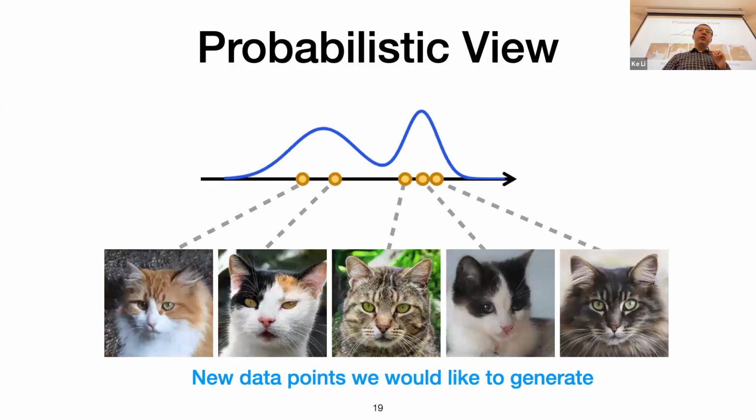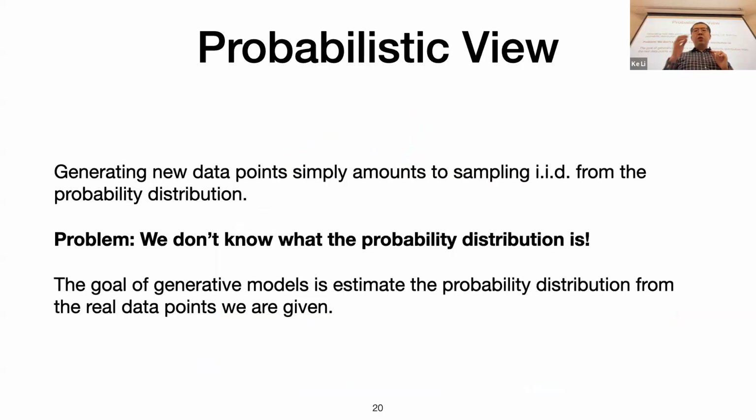And now, in order to generate new images, we are going to draw samples from that same distribution. So the goal here is to just infer what the probability distribution is from examples of the data. And so the hard part is that we don't really know what the probability distribution is. All we're given are just a bunch of examples of images.